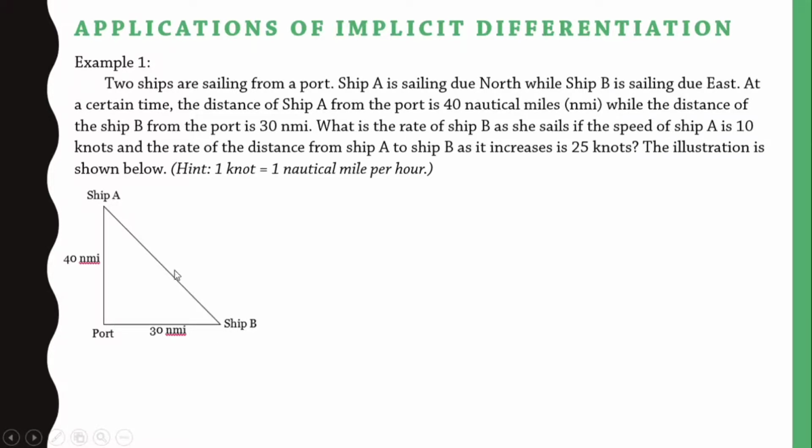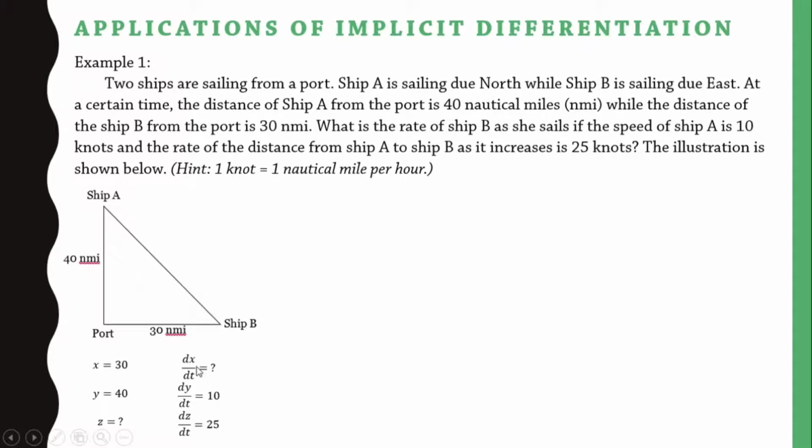Now, to solve this problem, let us first understand the basic facts here. Take note, x here is represented by 30 nautical miles because that is the horizontal distance, which is the distance of ship B from the port.